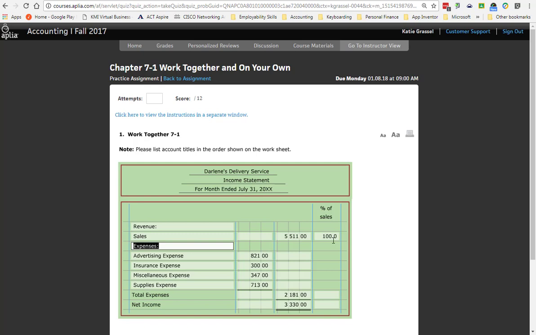Would you agree? Did you get that number as well? Now, I need to round that or change that to a percentage. So to change that to the percentage, I move my decimal places 2 to the right. So I should have 39.6 because you have to round it correctly.